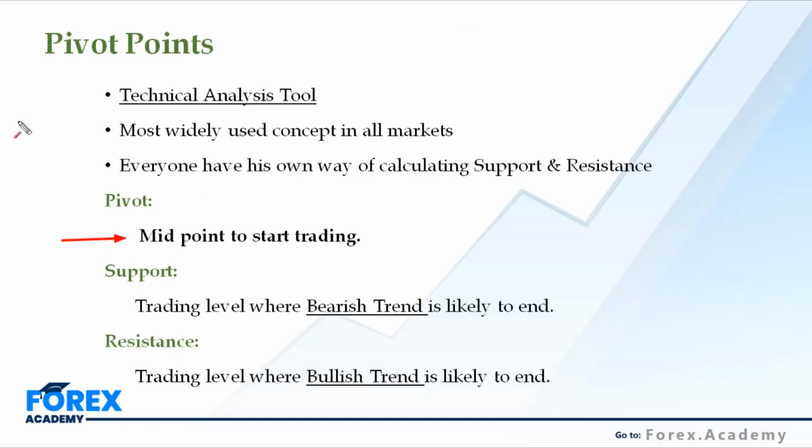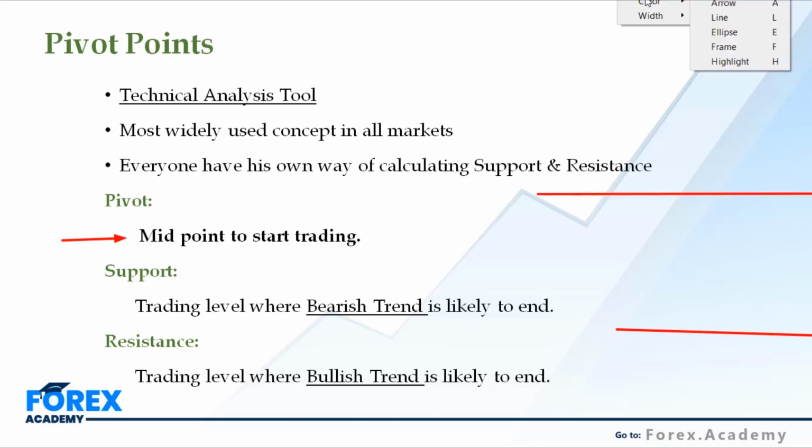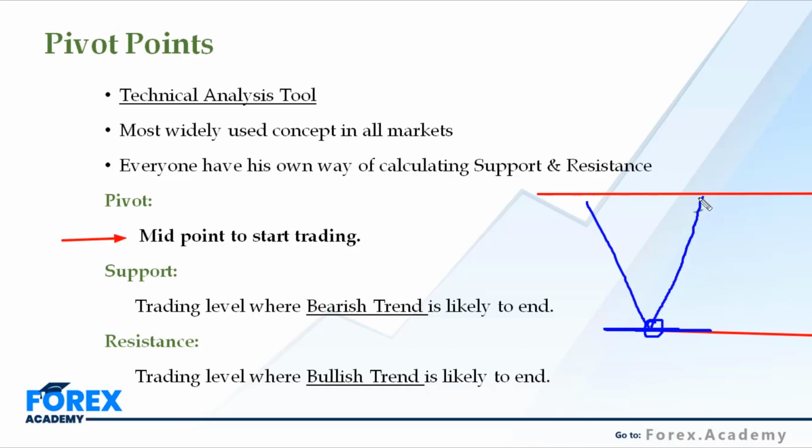Secondly, we can also call them support and resistance. Support is once again a trading level where a bearish trend is likely to end. For example, we can say like this. This is a support level, this is a resistance level, and if the market is trading like this, the market falls down, this is a level from where the market can stop its selling trend, and here the market can take a pullback.